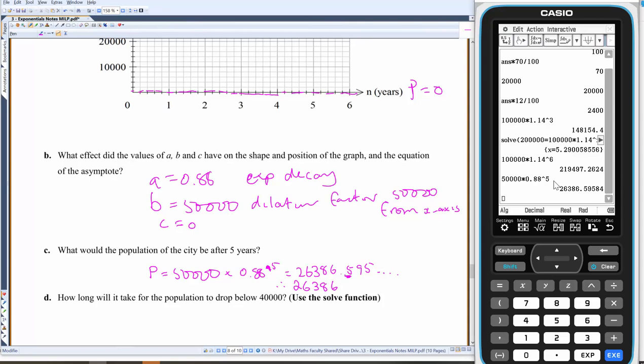So I've got the power 5 here. I'm going to work a little bit backwards on my calculator and go solve 26386 equals 50,000 multiplied by 0.88 to the power of x, comma x.